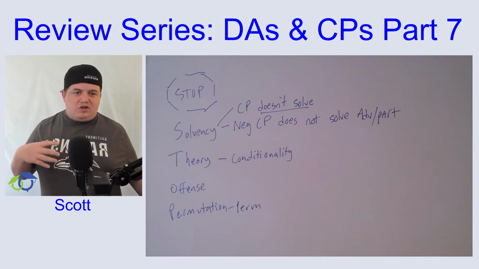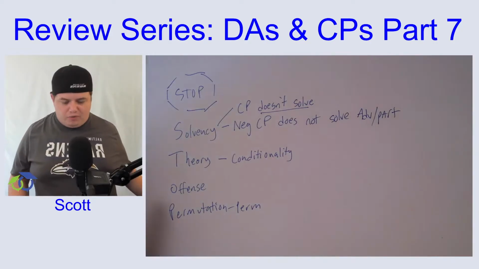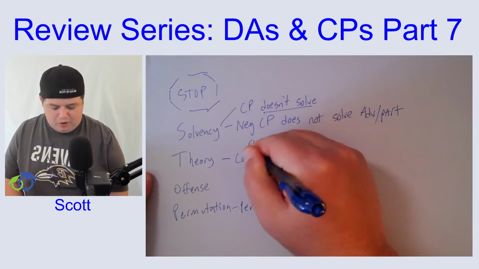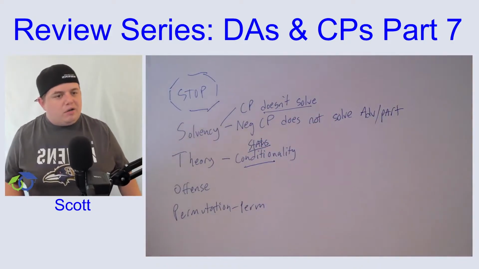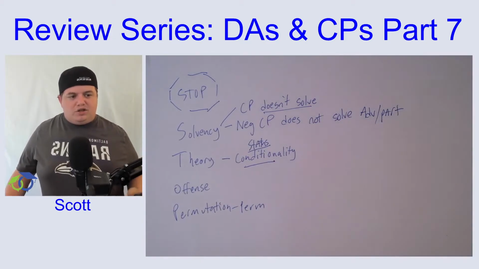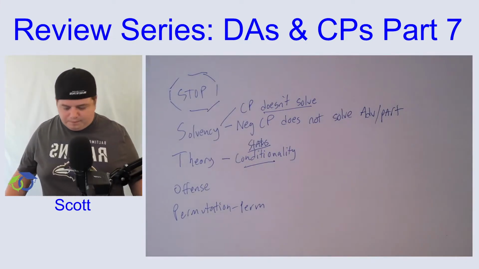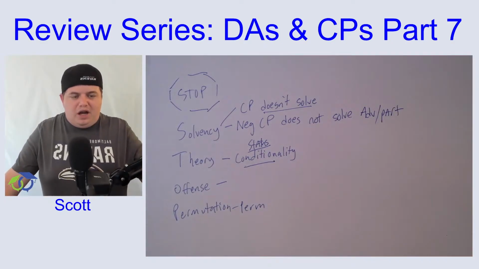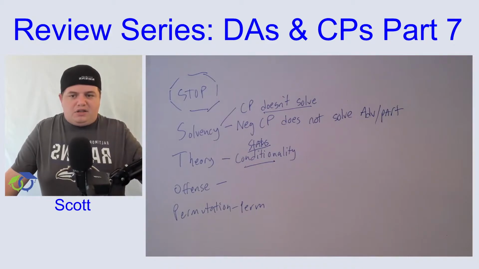Your stance on answering those types of questions would be status theory, and the most popular one of those being conditionality. There's a lot of other different theory arguments. This is just an example of one of them. Offense would be you reading something against the counterplan itself.